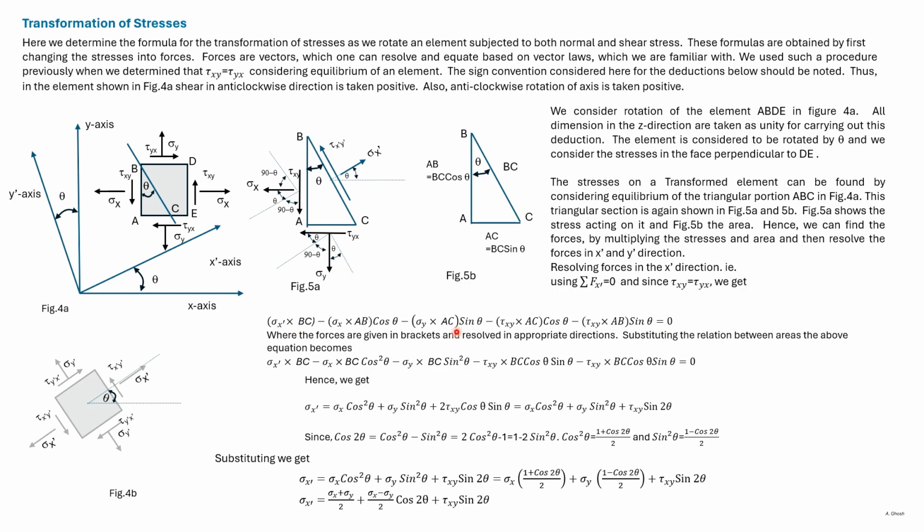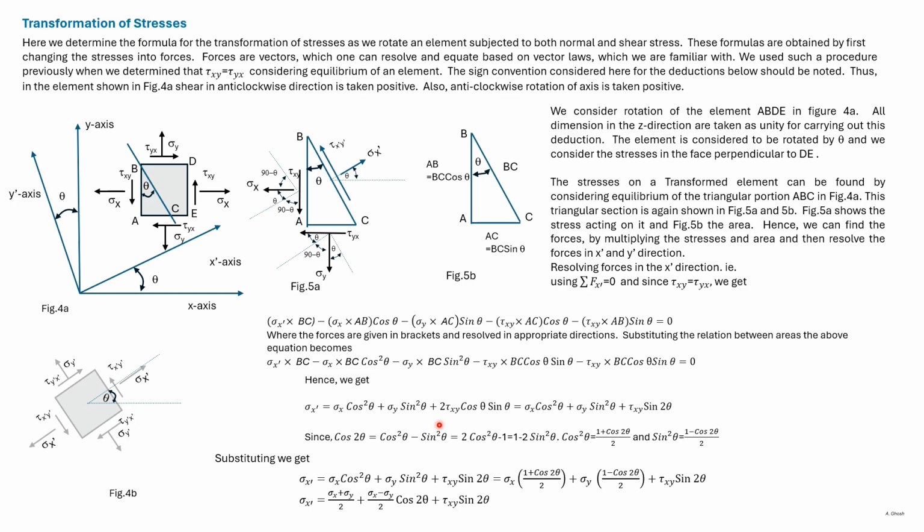Now in this equation, we replace AB and AC as BC cos theta and BC sin theta. So we get this relation. BC here is common to all the terms, so we can take BC out. Then we get the relation sigma x dash is equal to sigma x cos square theta plus sigma y sin square theta plus 2 tau xy cos theta sin theta.